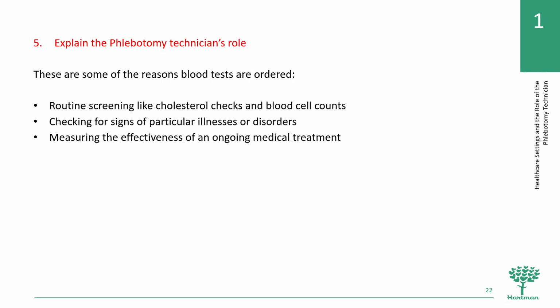If a patient is experiencing symptoms, a blood draw might be necessary to investigate possible illnesses or disorders. Cancer, heart disease, and diabetes are some of the illnesses that cause changes a blood test can detect. Blood tests can also measure the effectiveness of an ongoing medical treatment, such as whether a blood thinner is causing the patient's blood to clot more slowly.